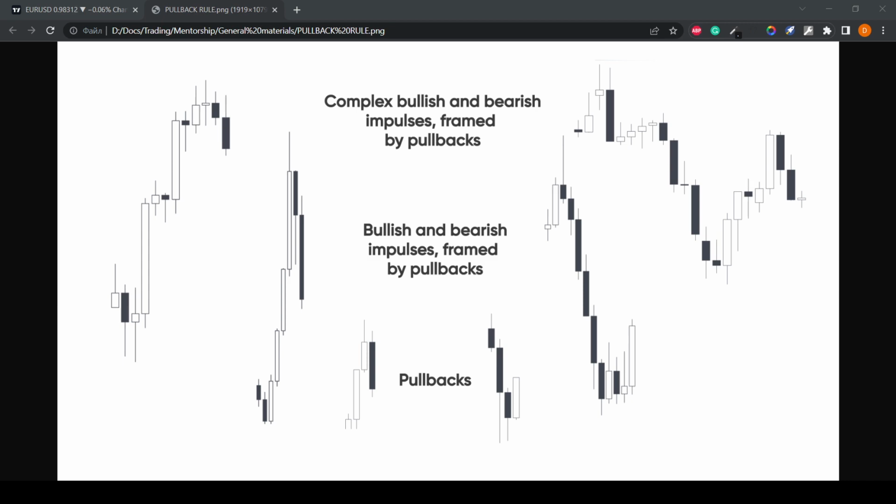And even if its wick would do like this, but the body close is inside the range of the previous candle, we will not consider it a pullback. Instead, we have this exact candle that closed with its body below the previous candle range. And so we say that this is the start of a pullback and the end of the impulse, obviously.